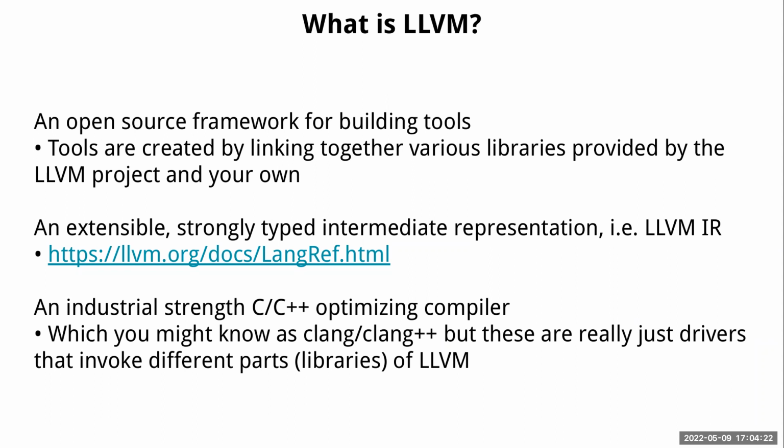Then the LLVM IR goes through all kinds of optimizations and analyses. Usually what we work on is developing LLVM passes to analyze the IR to find vulnerabilities, and also to change the IR to inject new protections. Then the IR is eventually compiled into machine code.